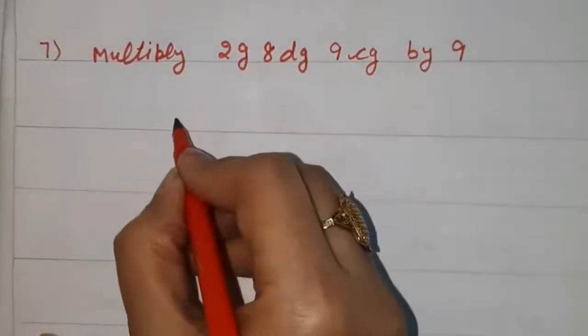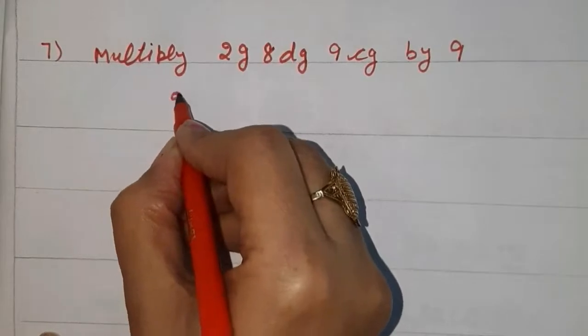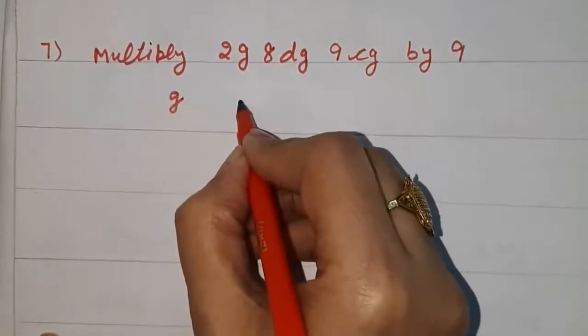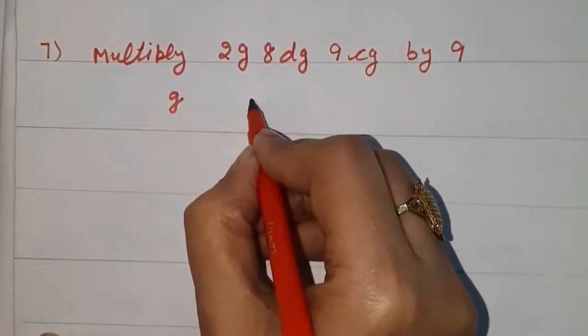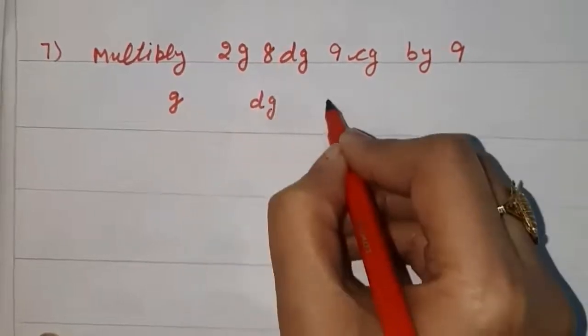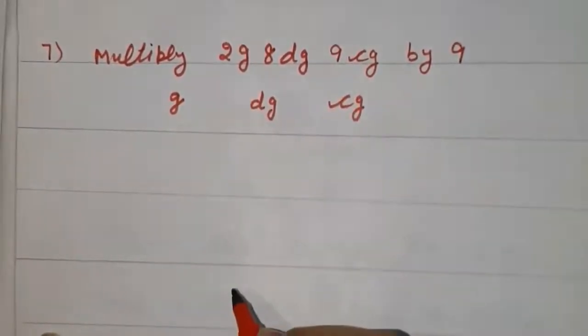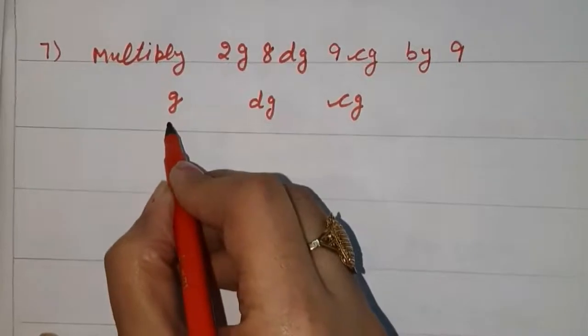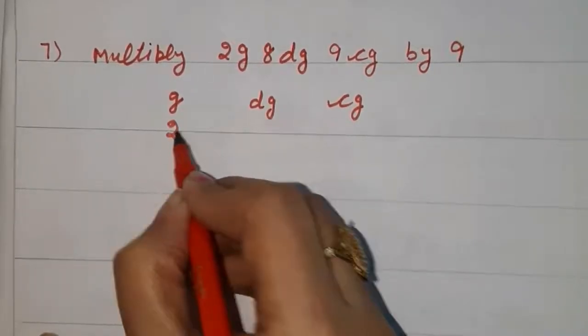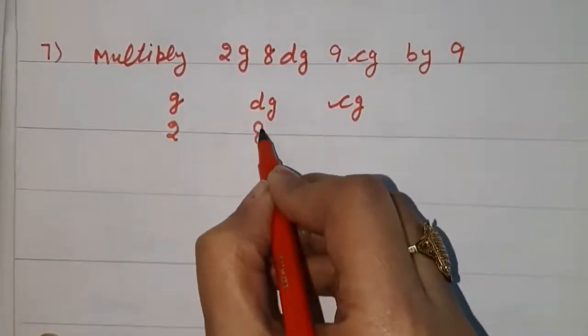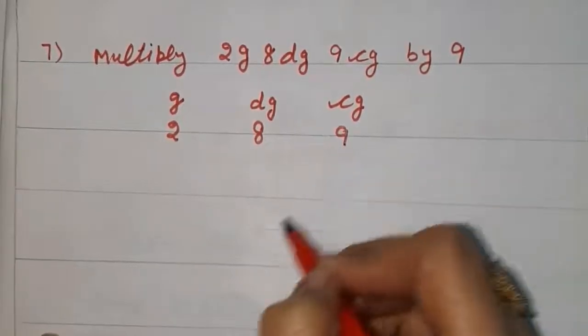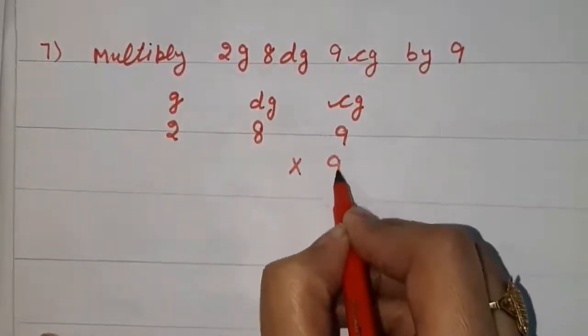It is simple multiplication. Only and only the extra thing is you have to write down units at the top, which you don't do in the simple multiplication questions. 2 gram 8 decigram 9 centigram multiply by 9.